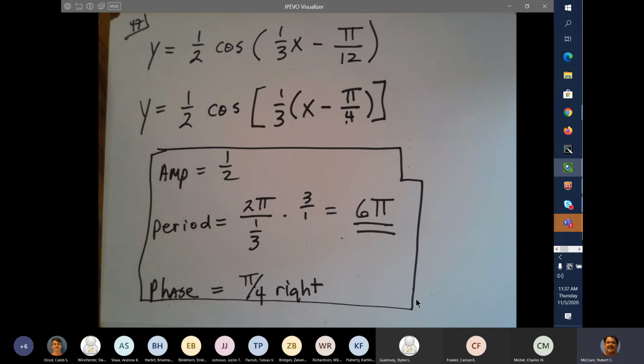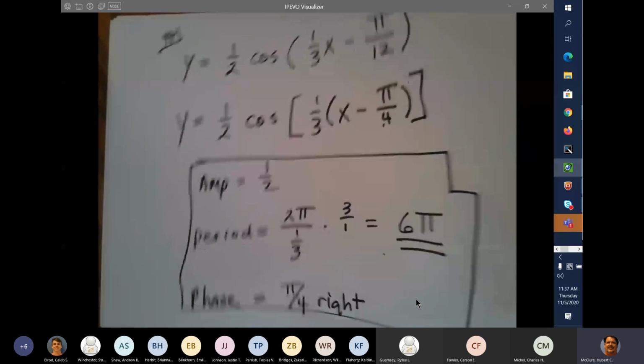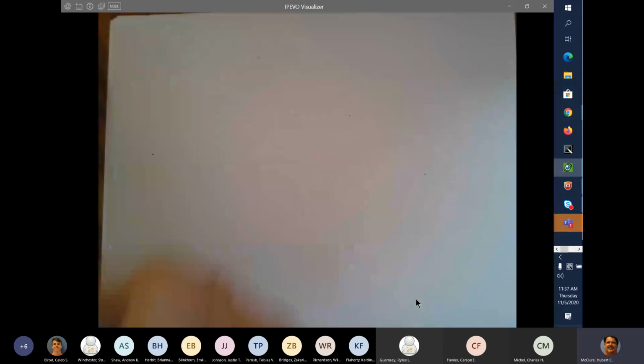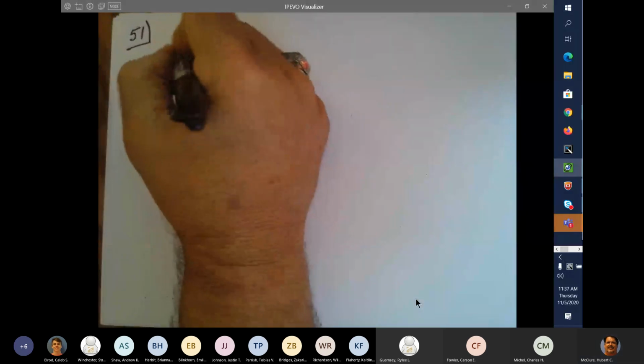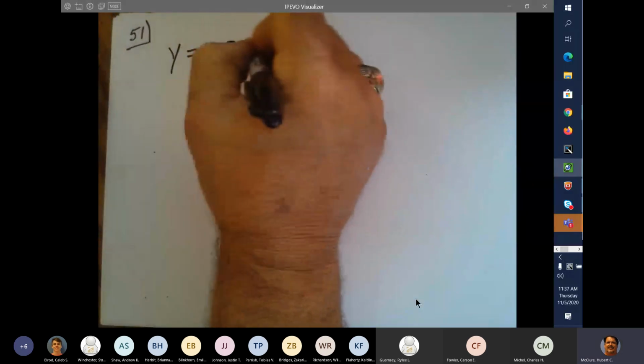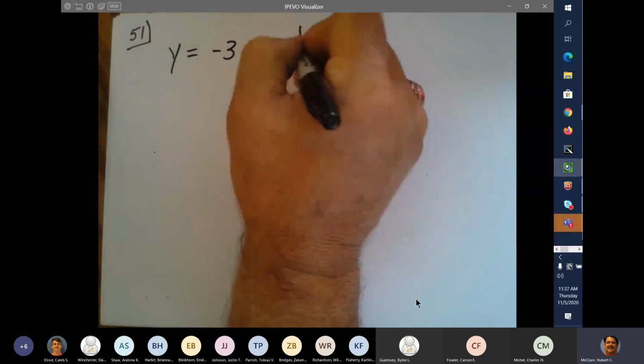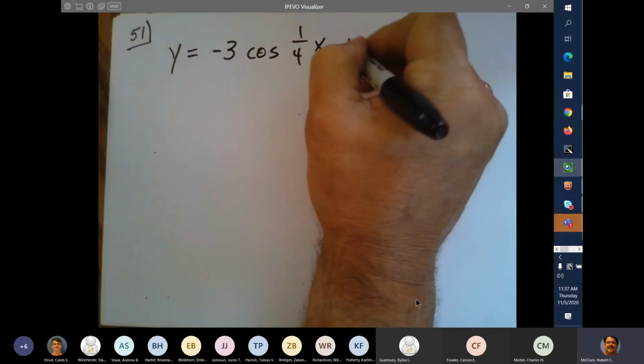So this is number 51. It looks a little bit different. Y is equal to -3 cosine of 1/4 x plus 1.